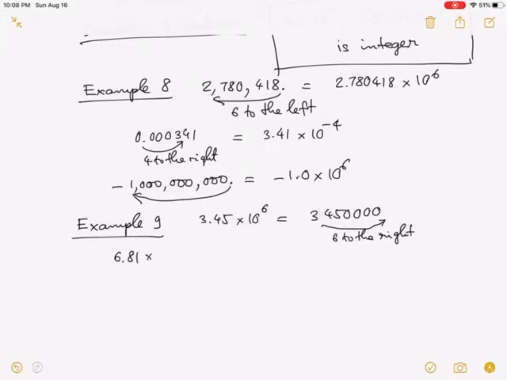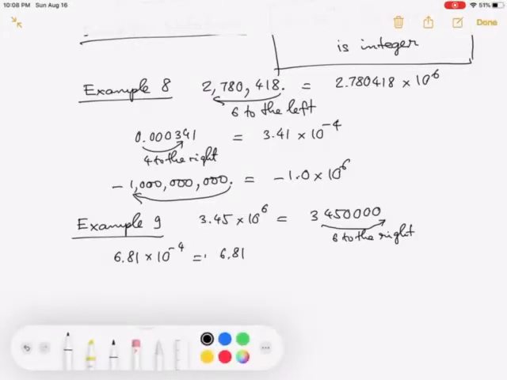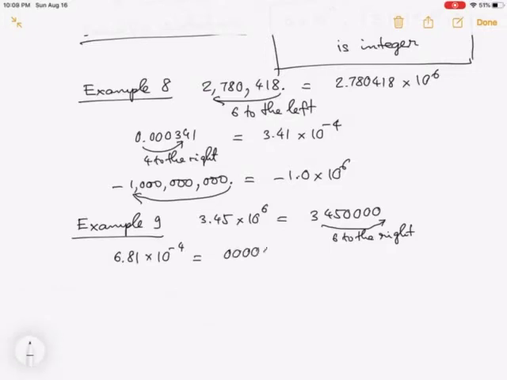So you have 6.81 times 10 to the power minus 4. We could write it as 6.81.